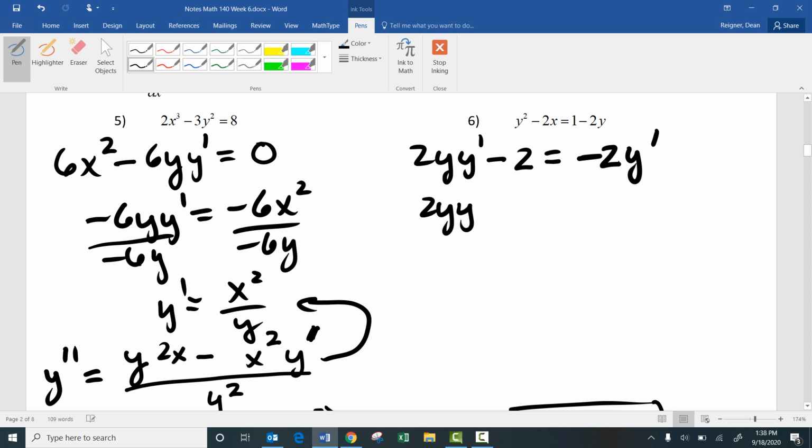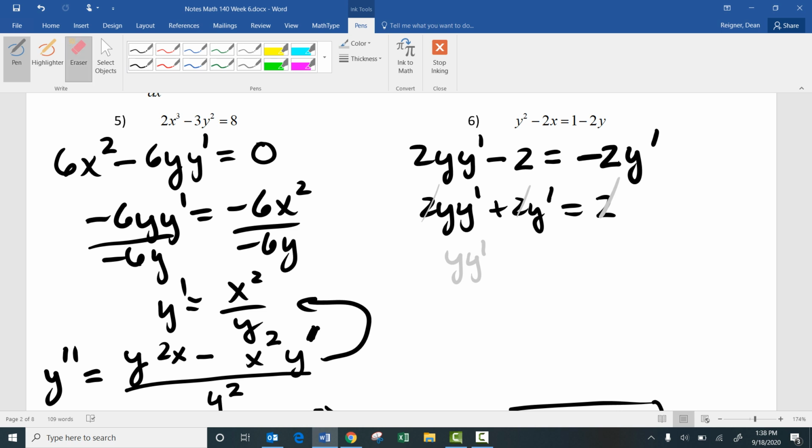So take a second, you have to move this negative 2y prime over here, so it's positive 2y prime. Move this negative 2 on the other side, which is 2. So now what you can do is you can actually cross out a negative 2. You can divide everything by negative 2, or excuse me, by 2, my bad. I have all the signs right, yep. So now we have a y prime.